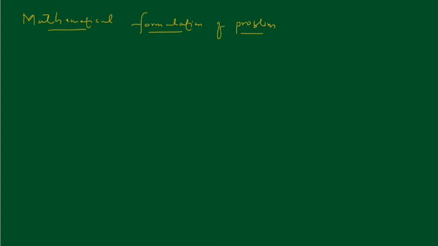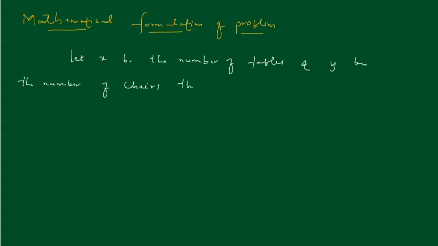Let x be the number of tables and y be the number of chairs that the dealer buys. The dealer used to buy chairs and tables, and we are assigning x as the number of tables and y as the number of chairs.